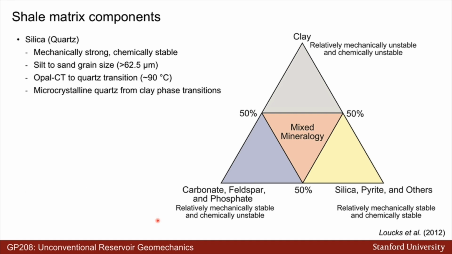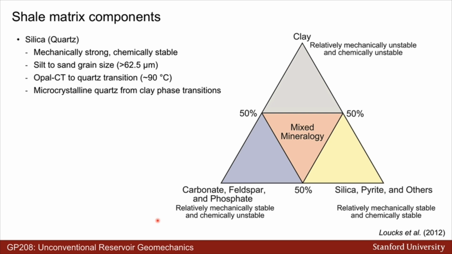The last component in this diagram that we need to discuss is the silicates, quartz, feldspar, and pyrite. And these components are mechanically strong, but actually chemically stable. They tend not to react with fluids or other components of the rock. And again, these are much larger grains, again, silt to sand size grains.